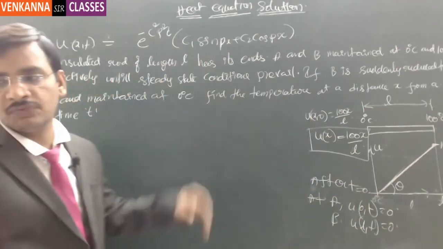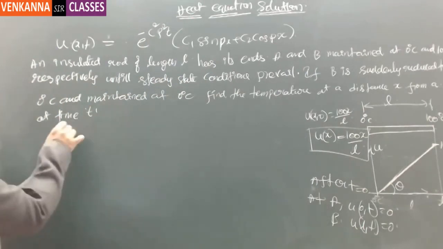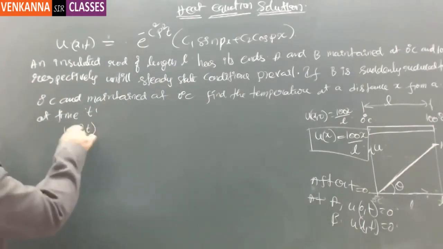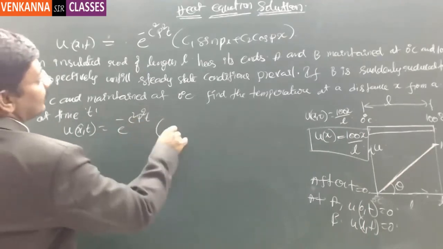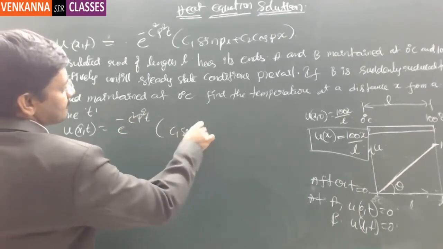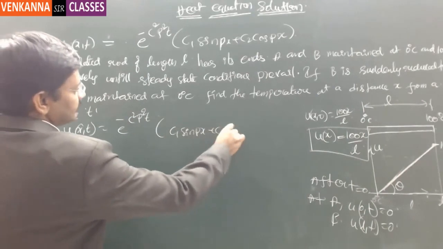Now if you try to find the values here, u of x comma t is equal to e power minus c square p square t times c1 sin px plus c2 cos px.